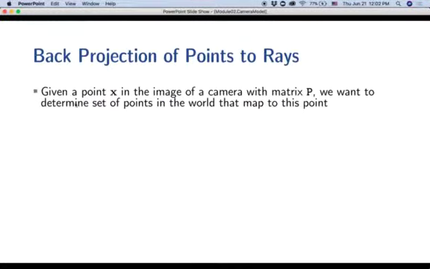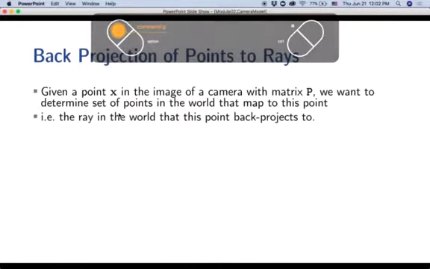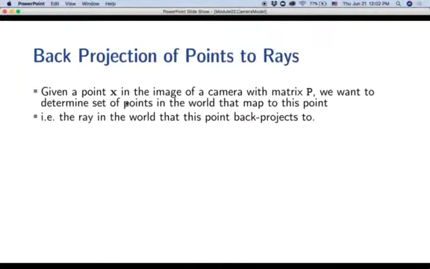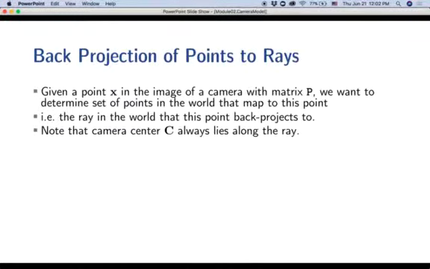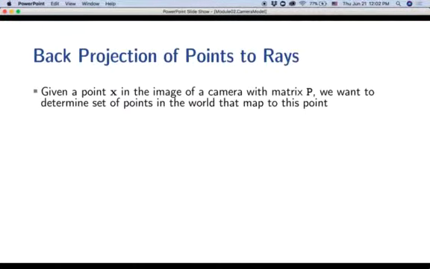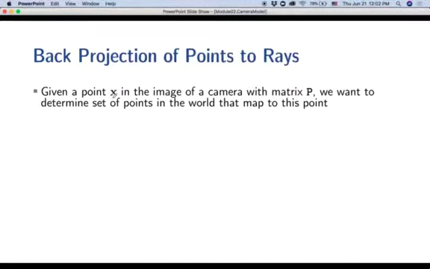Given a point x, and I'm writing a small x here, so this is an image point, in an image of a camera with a camera matrix P, we want to determine a set of points in the world that map to this point.